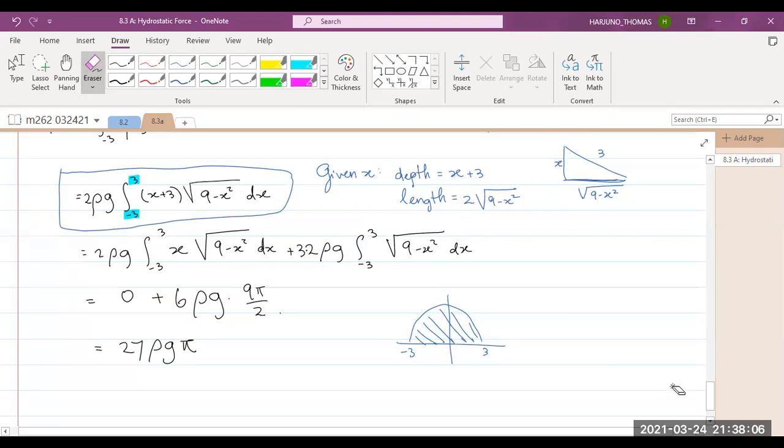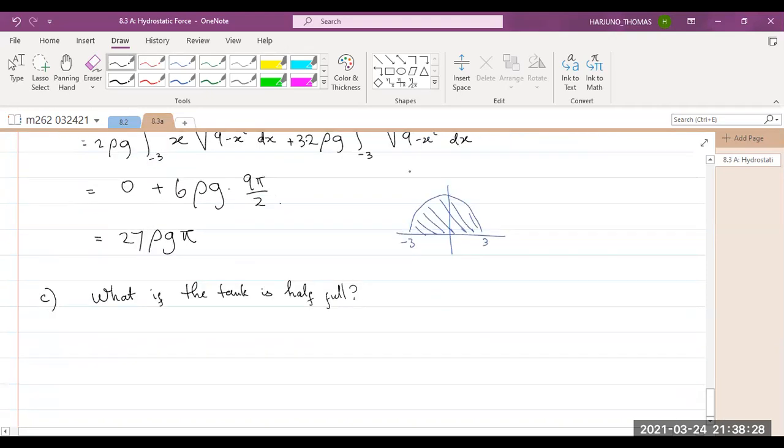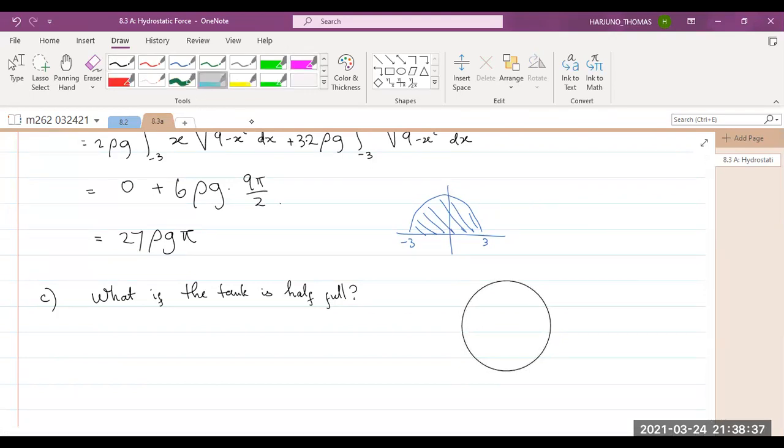Now, how about part C? What if the tank is half full? So the tank is only here.